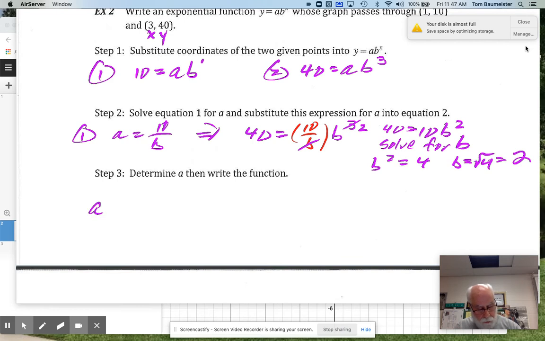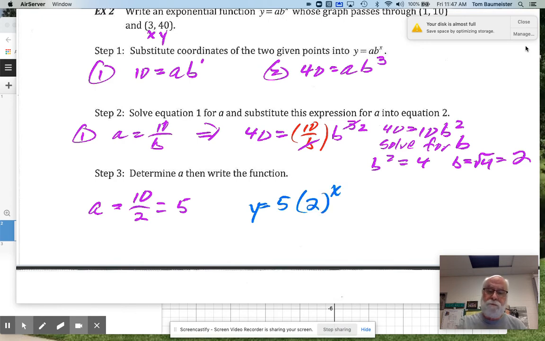So a is going to be 10 over, and our answer for b was 2, and that'll equal 5. So now that you have your a and your b, you can now write the function. y is equal to 5 times 2 raised to the x power.